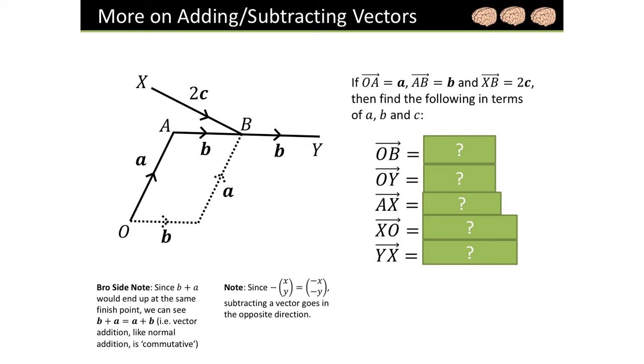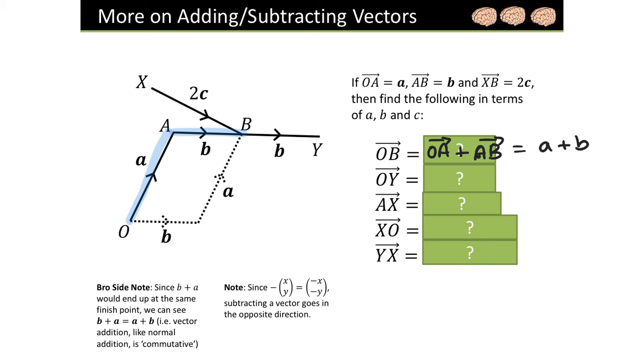O, B. I go from O to A, and from A to B. And is it all in the same direction? Okay, so that means I'm adding. So I do OA plus AB, which we know can also be written as A plus B. However, I would just write A plus B.